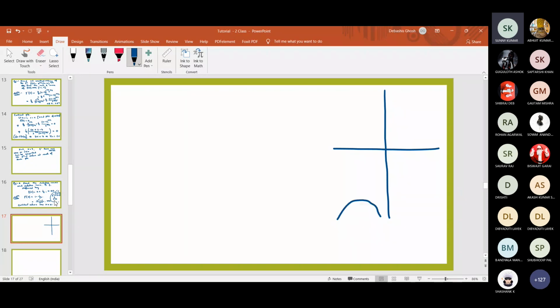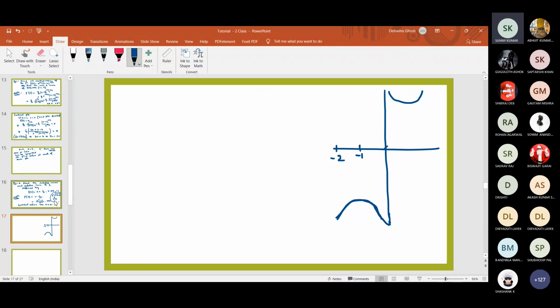For the point minus 1, this one is minus 2, and we are considering 0, very close to 0 but not touching it.